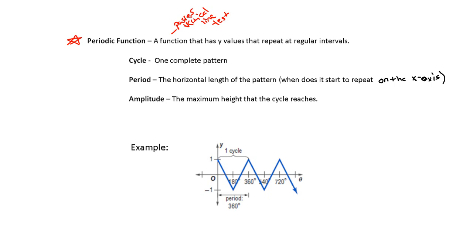And next is the amplitude. The amplitude is the maximum height that the cycle reaches. Now, this is from the middle.